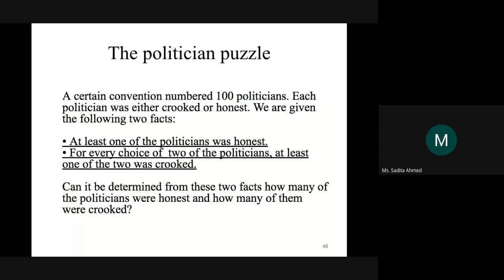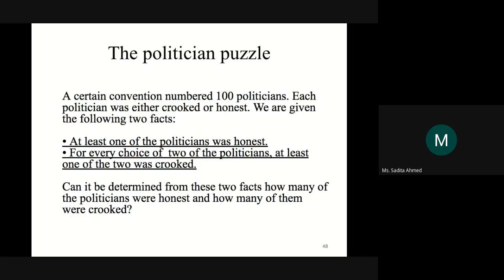If the first politician is fixed at the honest one, how many politicians do you have left? You have fixed one. How many other choices do you have for the politicians? 99. You have fixed one of the politicians to the honest one. In the choice, one of the politicians is the honest politician that we have. Other than that, we have 99 politicians.